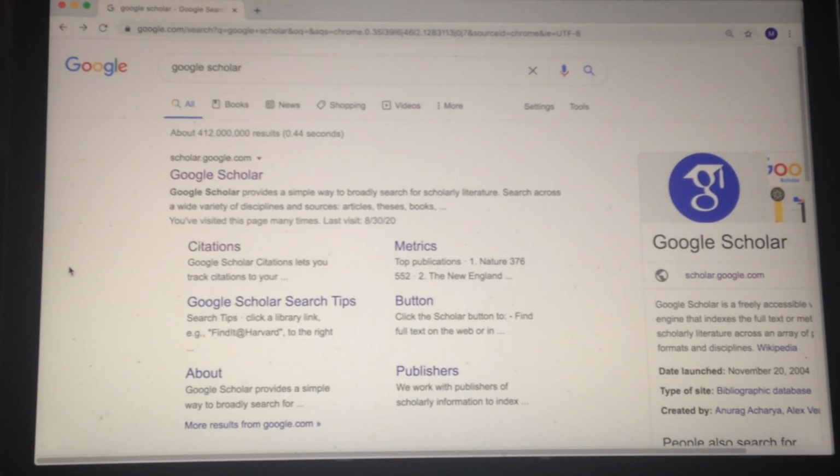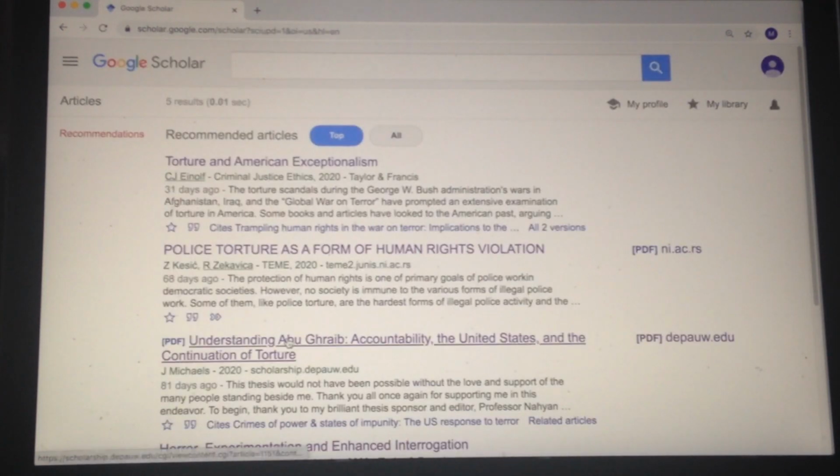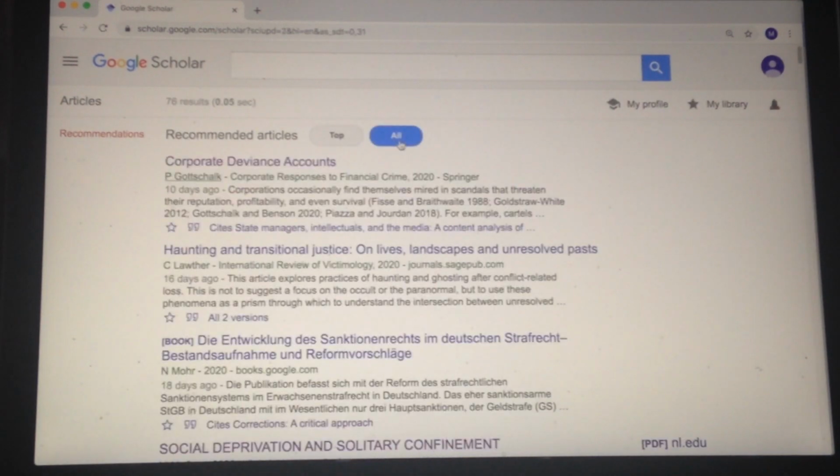Where can they go for very small snapshots of my work? I'm directing attention to Google Scholar. It's an amazing product of the internet, very easy to navigate. With a couple of clicks, see recommendations. I want to see all these. These are recommended articles, from an algorithm that has been developed for me.